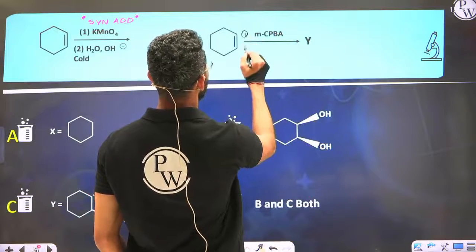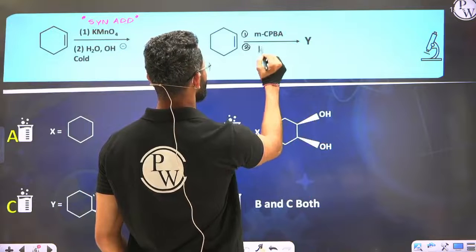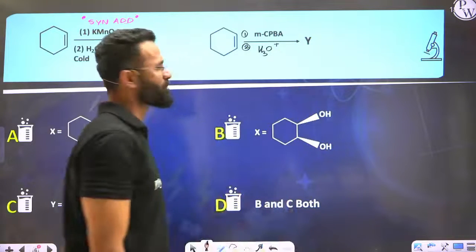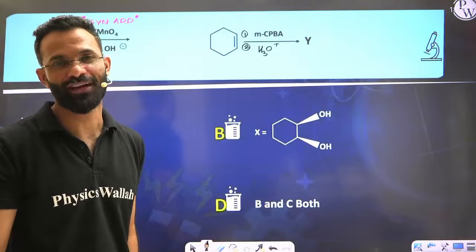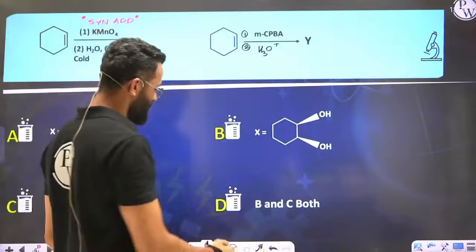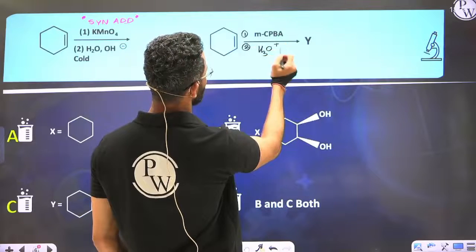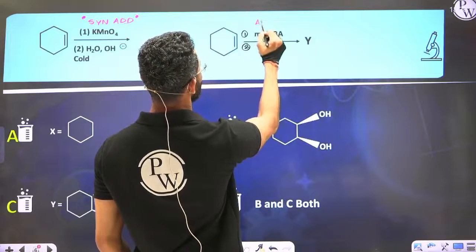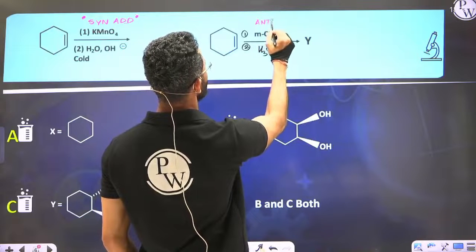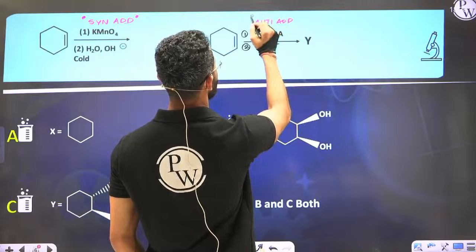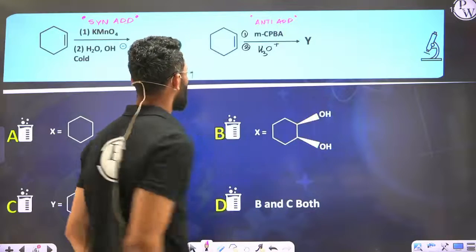After this, we will also carry out acid hydrolysis, let's say. Because we don't just want to stop the reaction at the formation of epoxide, we want to carry out further diol formation as well. So, because you're carrying out peroxy acid epoxidation followed by hydrolysis, we know it is nothing but an anti-addition. Anti-addition. So what are going to be your products?